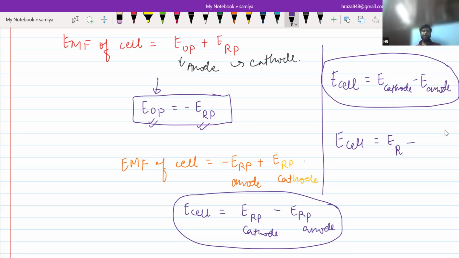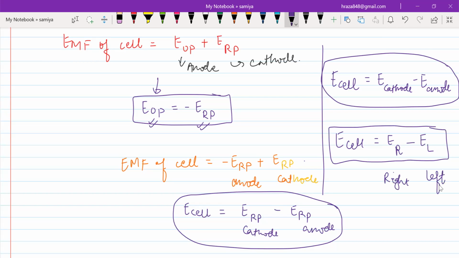E right minus E left. R is for right, L is for left. And just be careful, both are reduction potentials. We need to put the value of reduction potential for both.